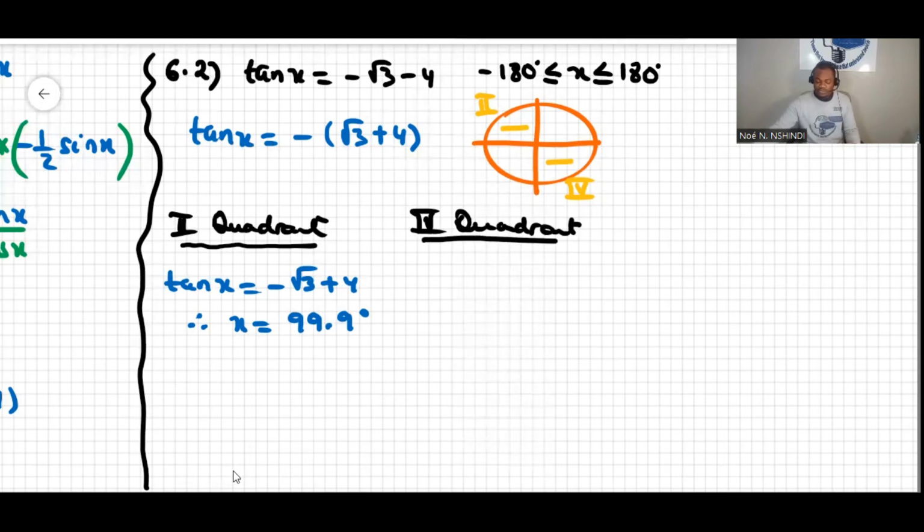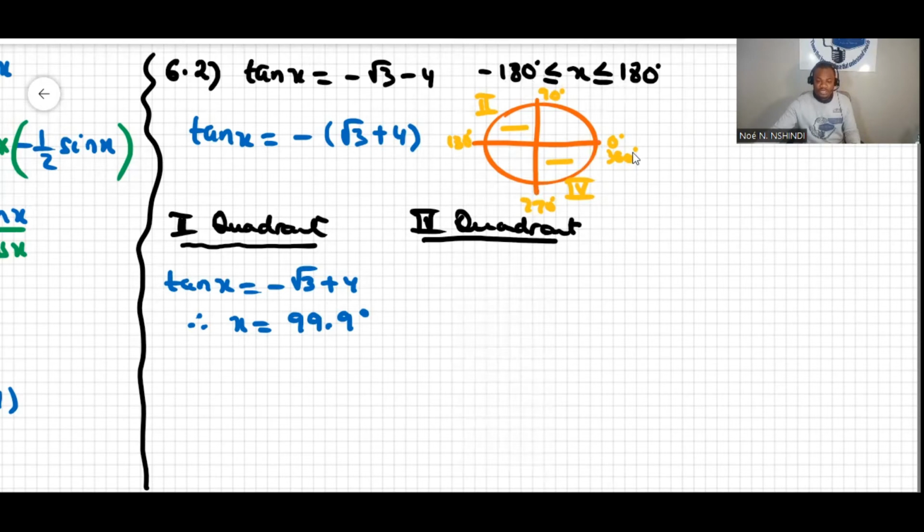When we need to work out the fourth quadrant, we notice that the fourth quadrant is between 270 and 360 degrees, because here the values go 0 degrees, 90 degrees, 180 degrees, 270 degrees, back to 360 degrees again. But our interval for x can only be between negative 180 and positive 180 degrees.